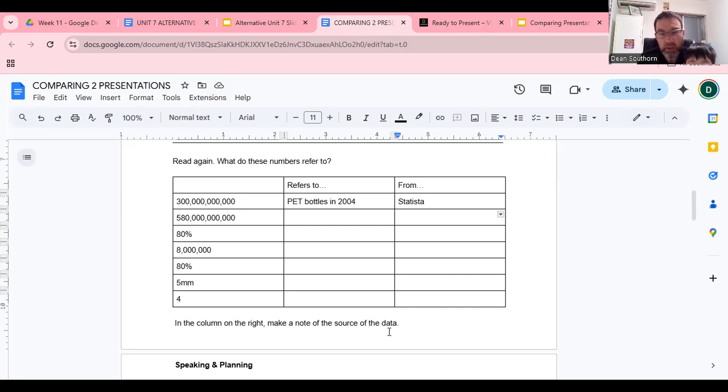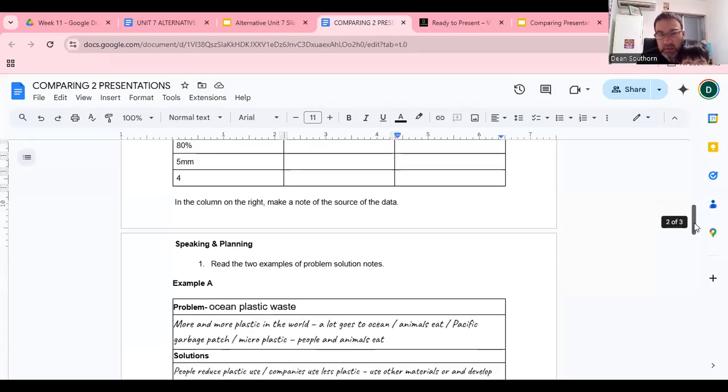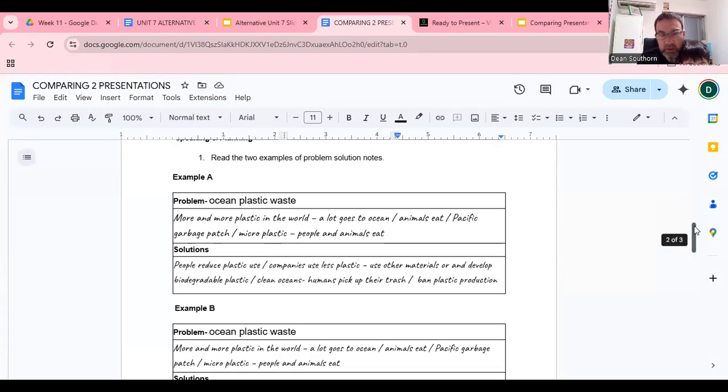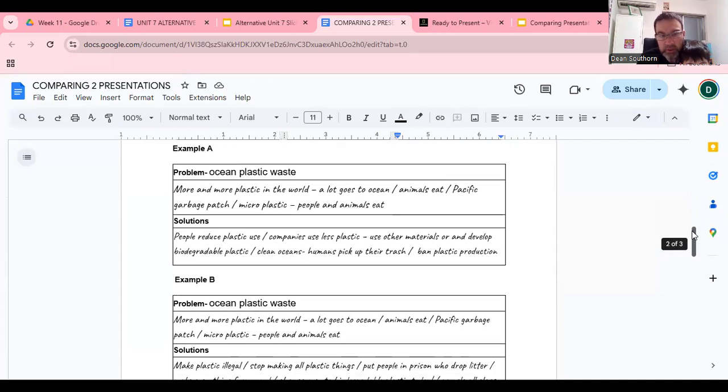That's very important. Okay, next we're just going to mention briefly about solutions and compare the differences in the solutions between the first presentation and the alternative presentation. So I'm going to pause the video for a moment, but if you have a look at the worksheet and consider these two sets of solution on the same topic.